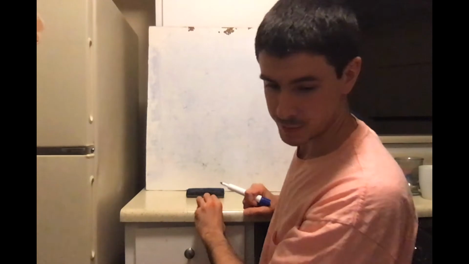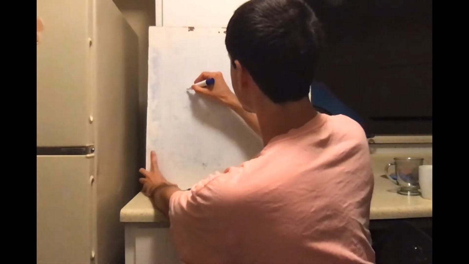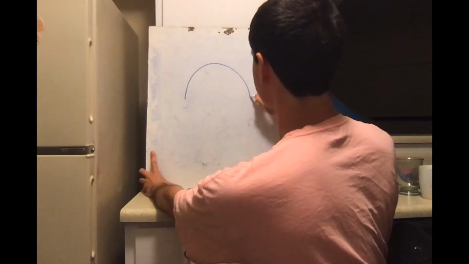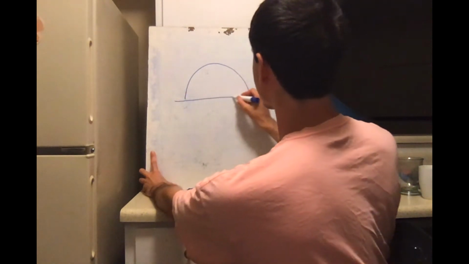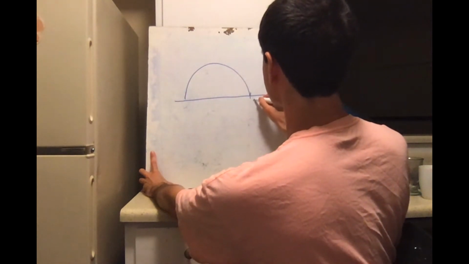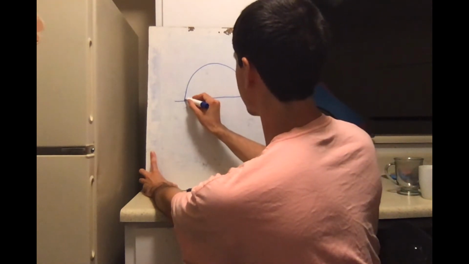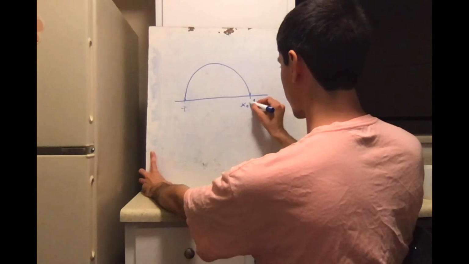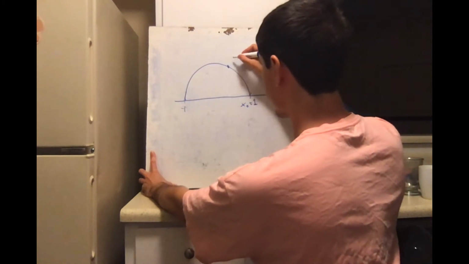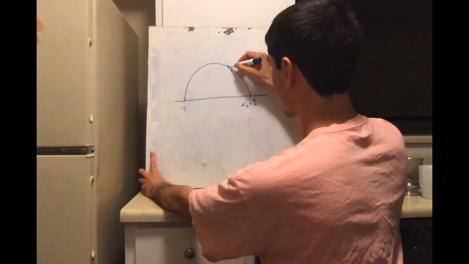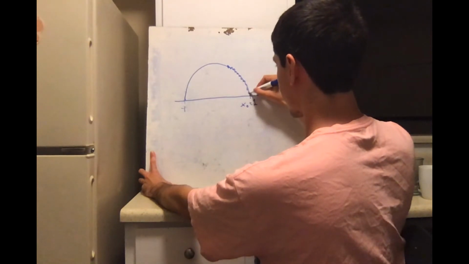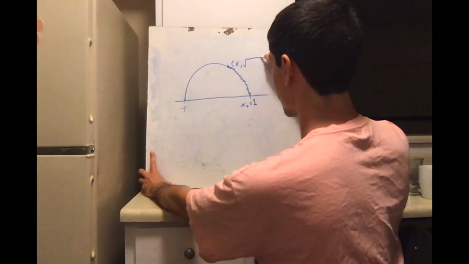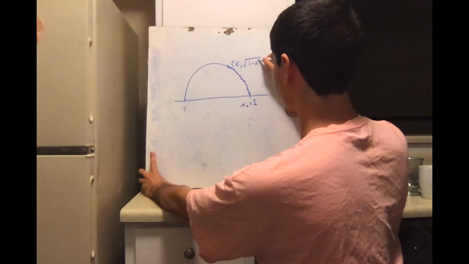So, unit circle, or unit semicircle in our present case. This is 1, this is minus 1. Let's set x0 equal to 1. So this will be the length of the curve. Say this point is x and the square root of 1 minus x squared.